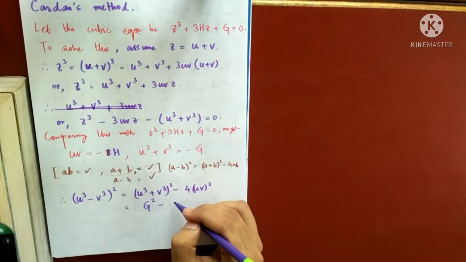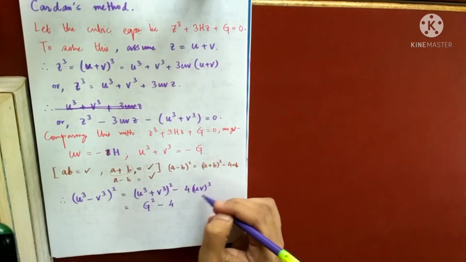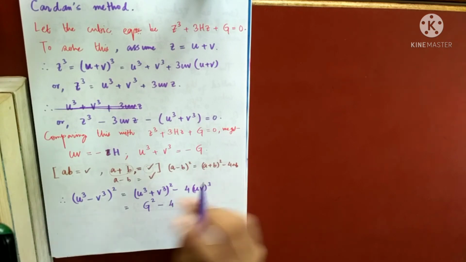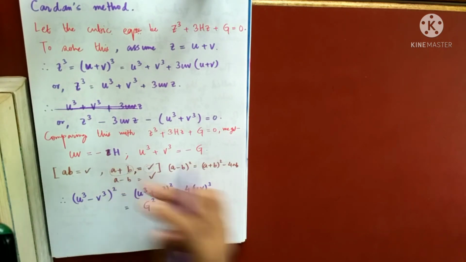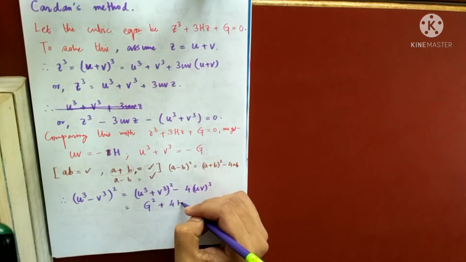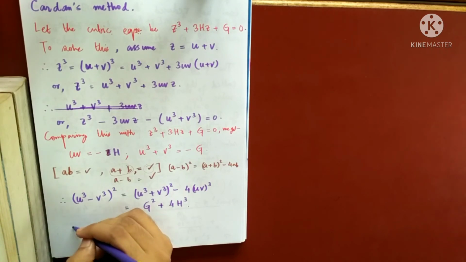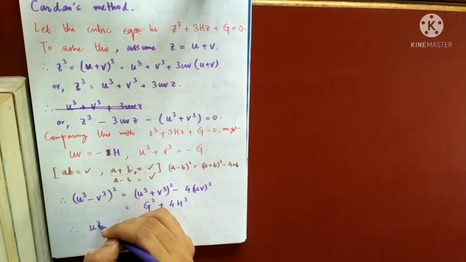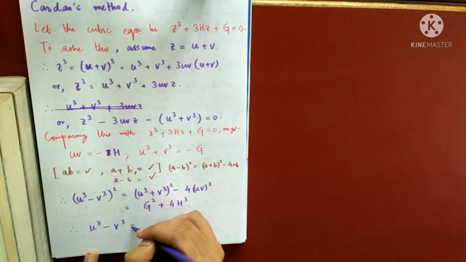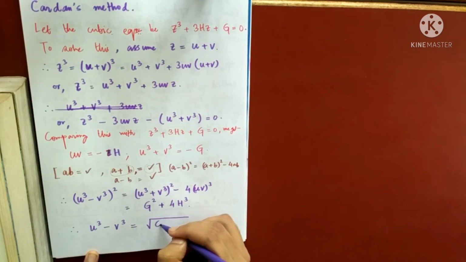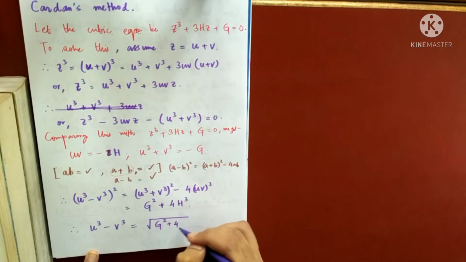So minus 4 uv whole cube, minus h whole cube is minus h cube, that means plus h cube. So what is u cube minus v cube? Therefore u cube minus v cube is root over of g square plus 4h cube.